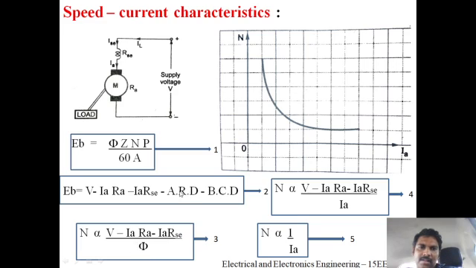ARD we have neglected, which is very small when compared to the load current. BCD also we have neglected. And Z, P and A are constant. 60 also constant. We can neglect the constants, and you will get the speed is directly proportional to V minus IA RA minus IA RSC divided by phi.